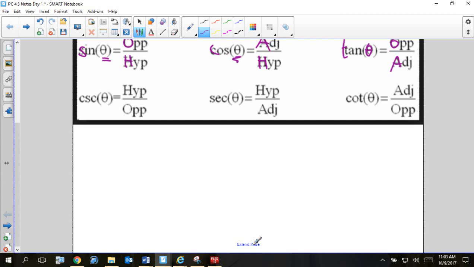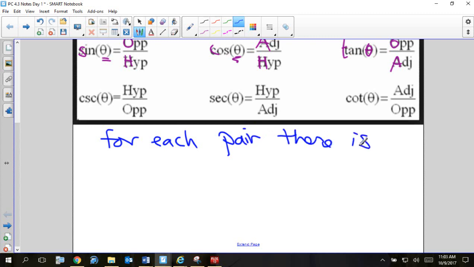So what I say is for each of these reciprocal pairs, there is only one co with each pair, like tangent and cotangent. For each pair, there's a co. So sine does not have the word co in it.